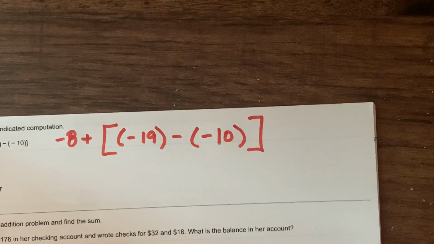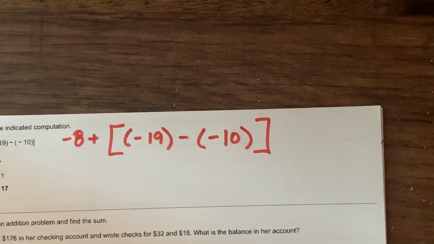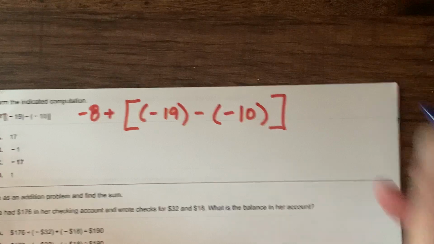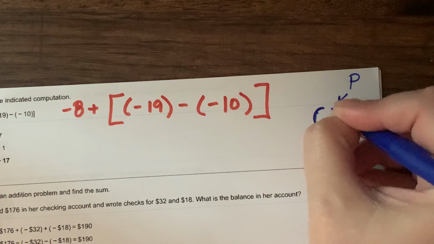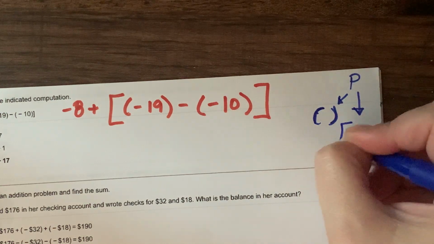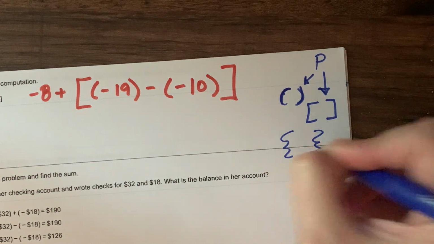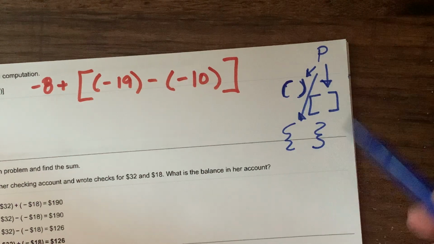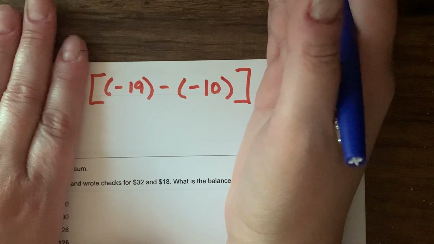Okay, so first, PEMDAS says we have to do parentheses. And when it comes to PEMDAS, P can be parentheses. P can be brackets. Or we could even have these things called braces. So all of this is P for PEMDAS. So we need to take care of anything that's inside these first. So that's this bracket junk. Well, let's go for it.